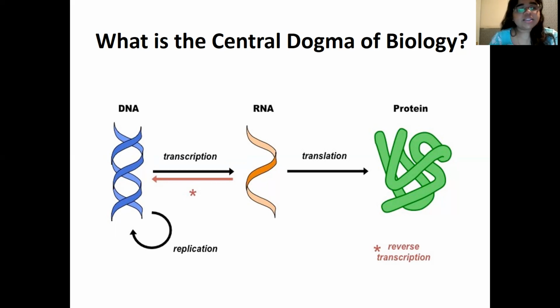DNA is allowed to make DNA itself by the process of replication, and you can make DNA out of RNA through the process of reverse transcription. So just remember DNA to RNA to protein.